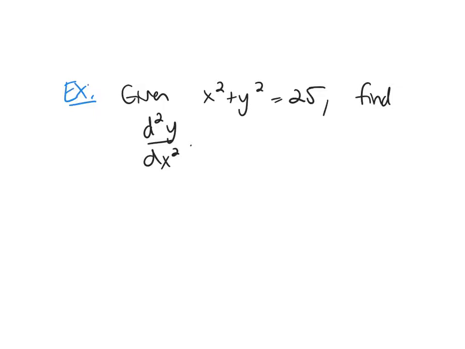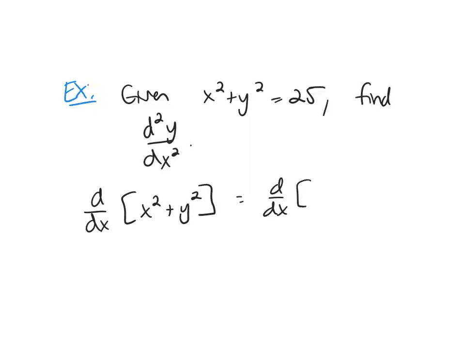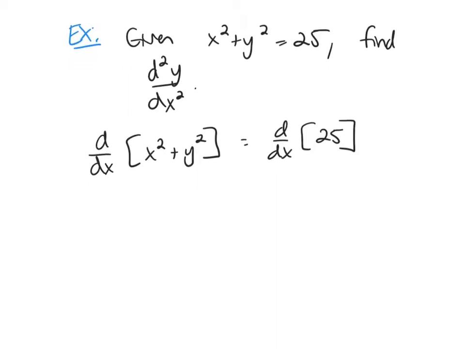So you're going to take the derivative of both sides of your equation. So on the left-hand side, you're going to get 2x plus 2y dy/dx equals 0.